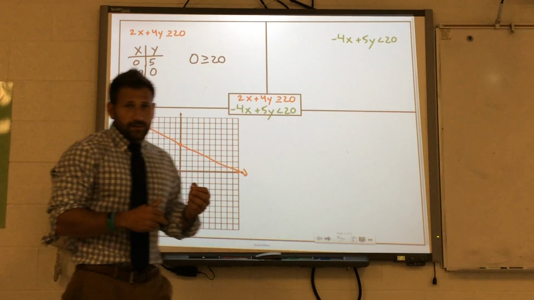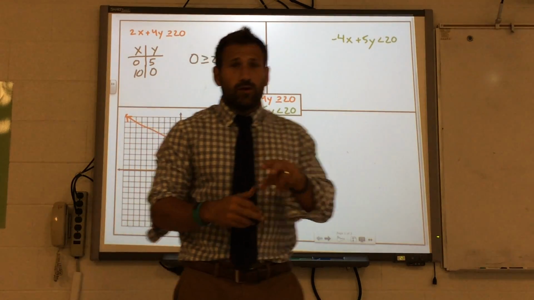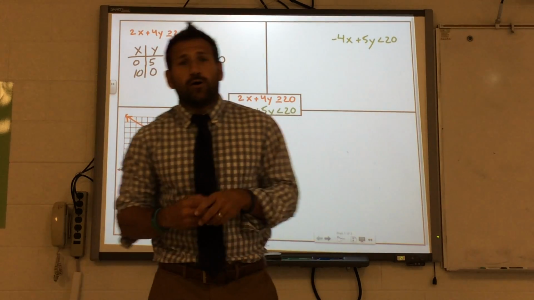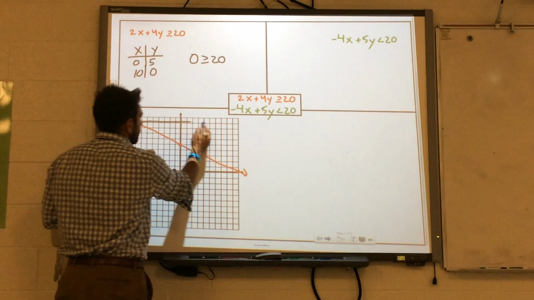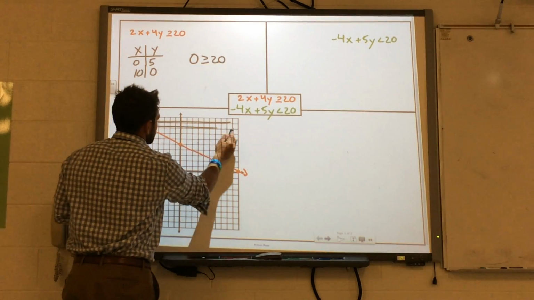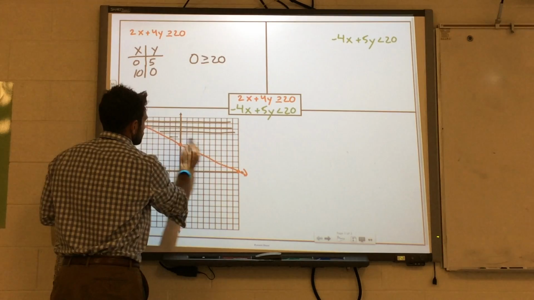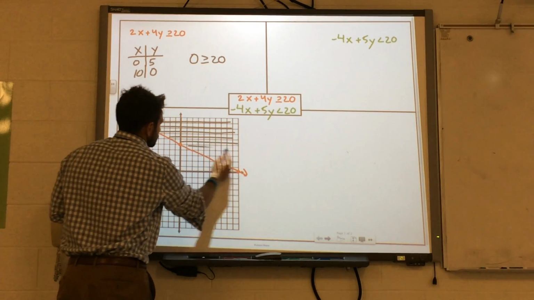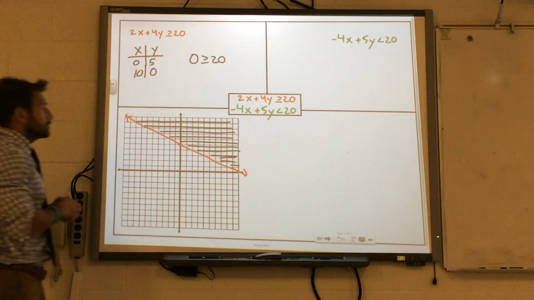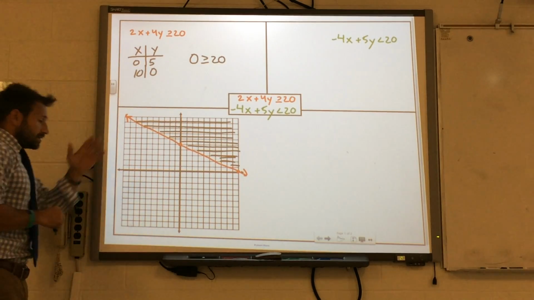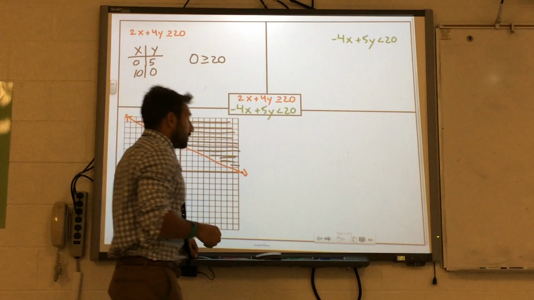Since we're going to do two shadings on this graph, let's start with horizontal lines. So we're going to shade this top side with horizontal lines. Nice and uniform. Now we're going to move to the other linear inequality.